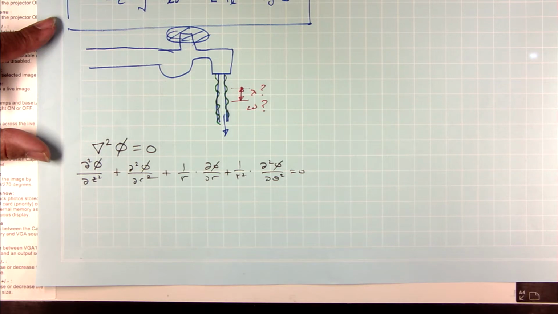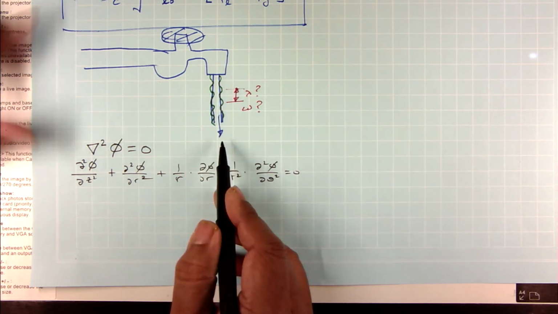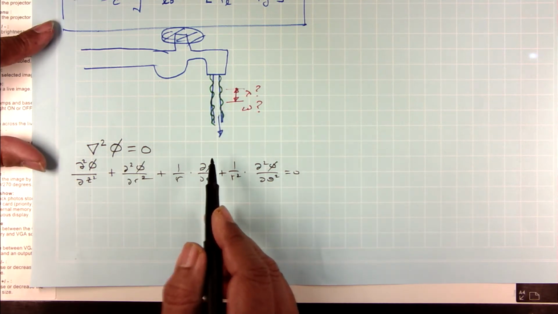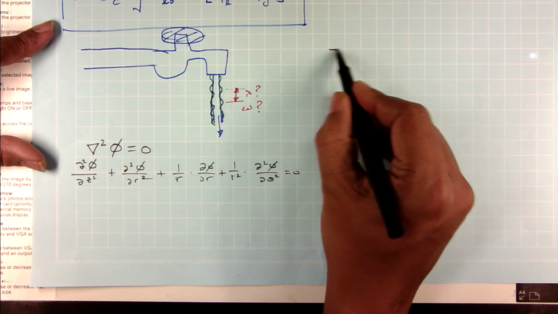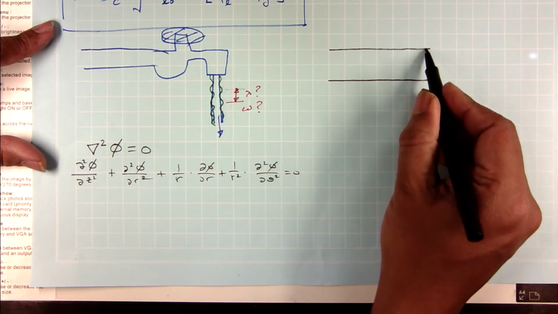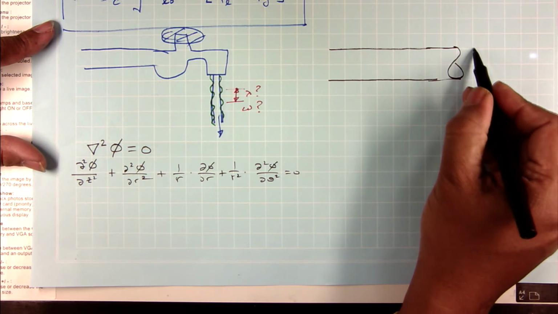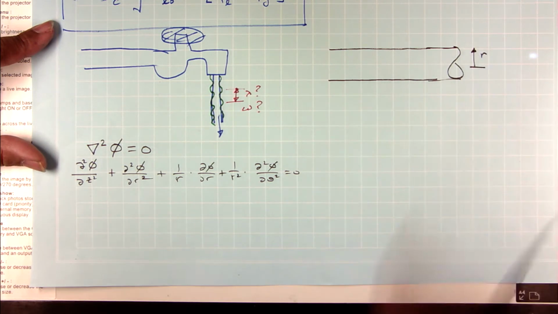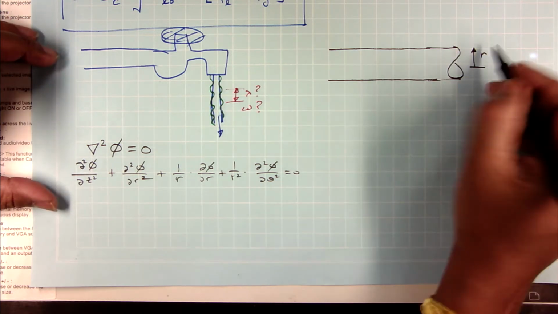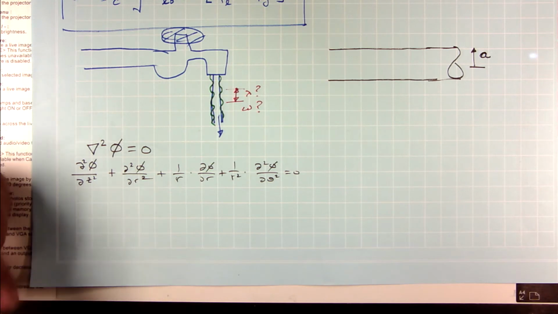Okay. Now, if you look at this water jet that is coming out of your faucet, let's consider a situation where you have this horizontal jet. The radius of the jet is r, or actually in this case we will call the radius of the jet a.